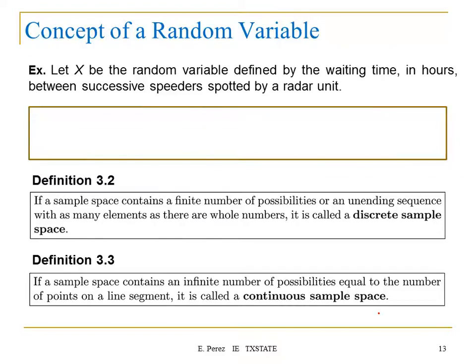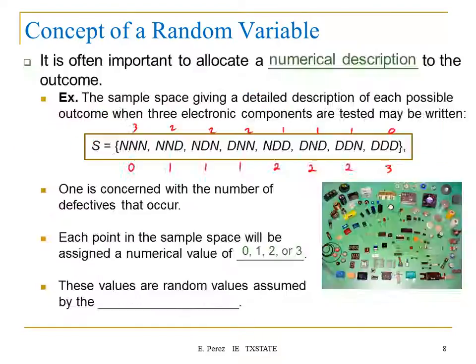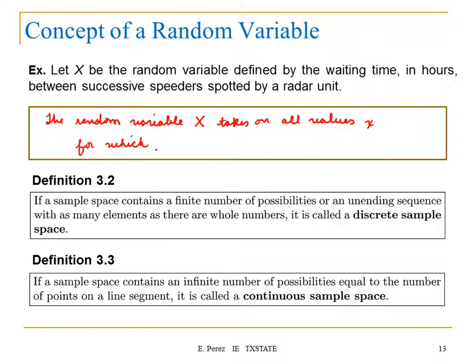Okay, so if you were to define this, then the random variable X takes on all values x for which x is greater or equal to 0.